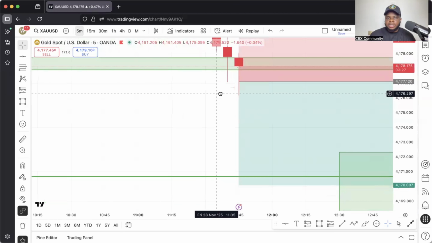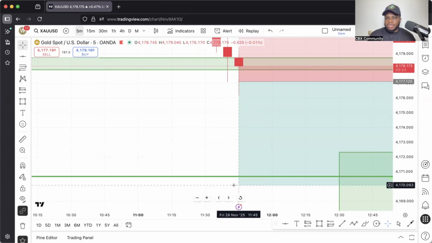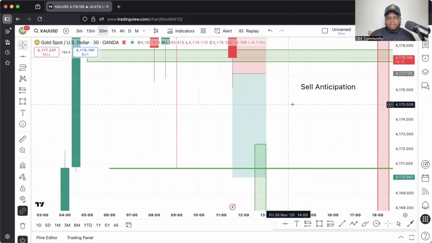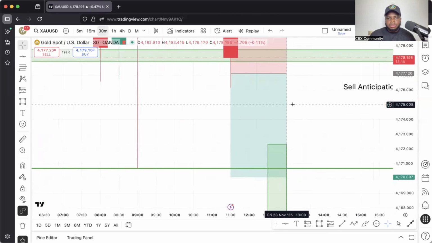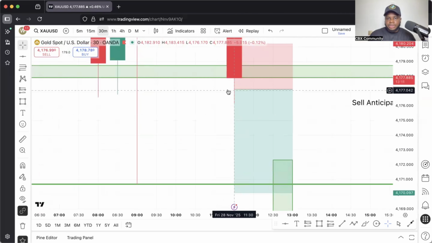Since there is volume in the market, the candle can still continue to come down more, maybe like 100 pips and 200 pips thereabout. So let's wait. The moment the candle gets to this position over here, I'm going to take a position.